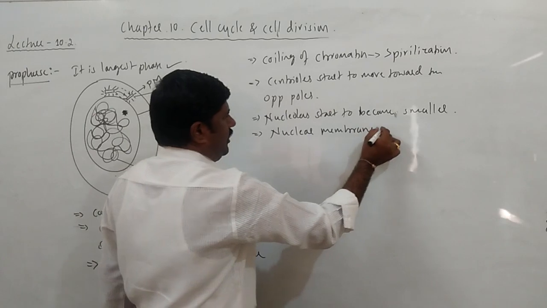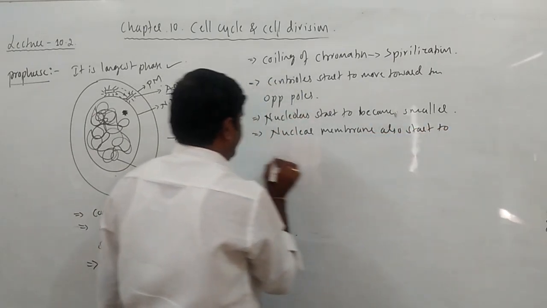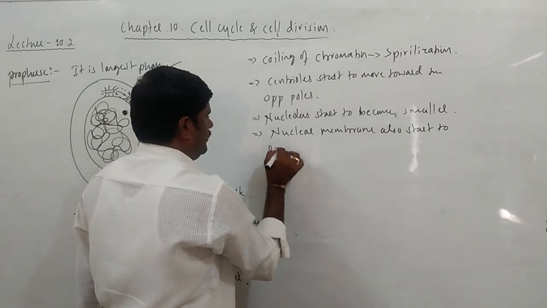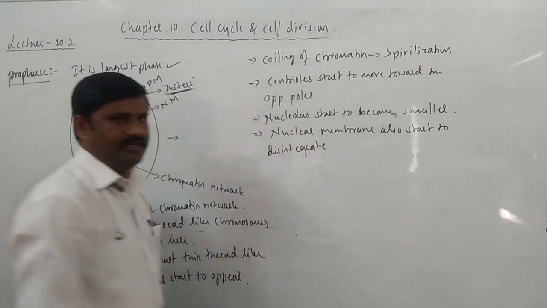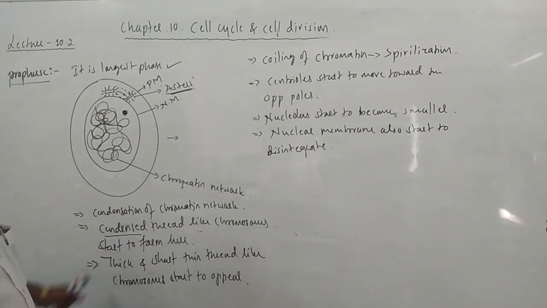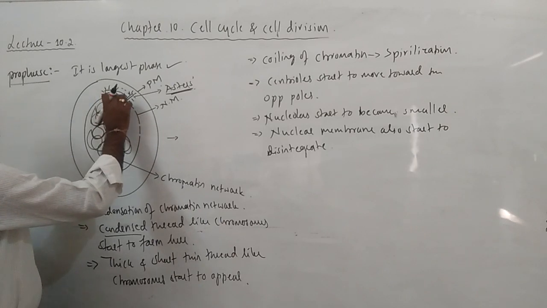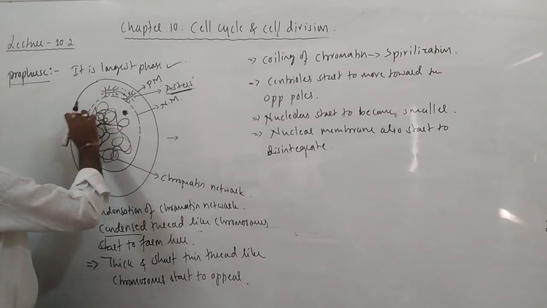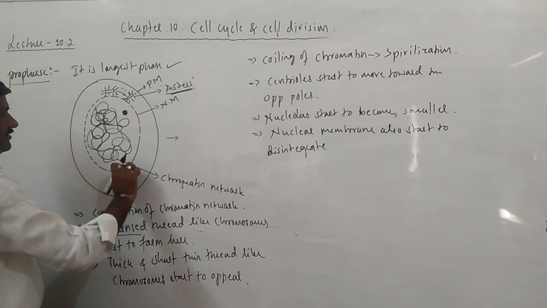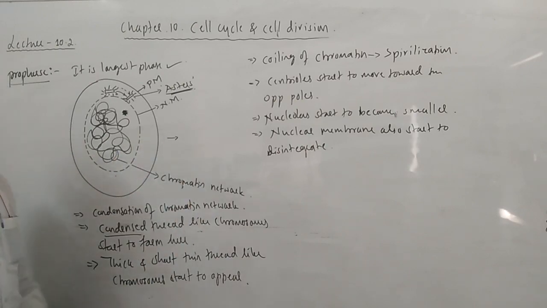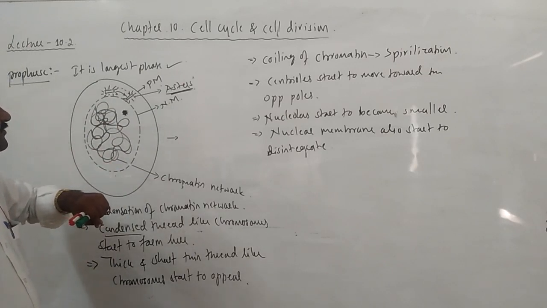The nuclear membrane also starts to disintegrate gradually. See here, it starts to disintegrate like this. Disintegration of the nuclear membrane is taking place.